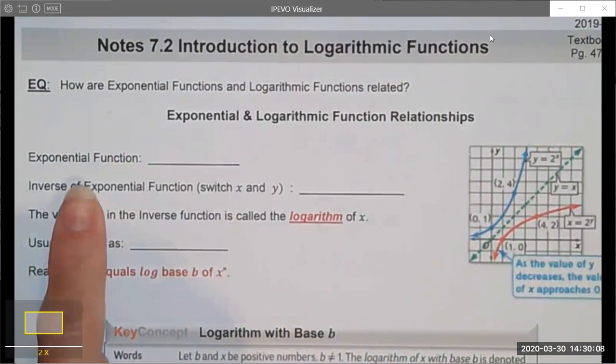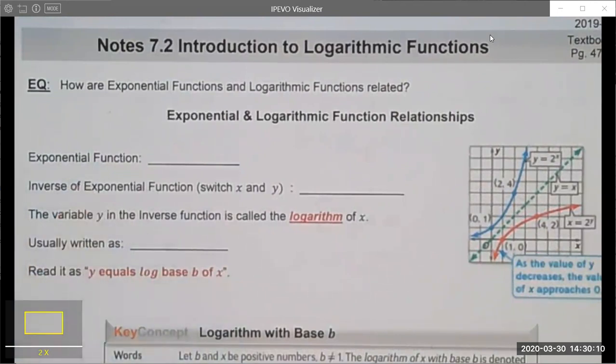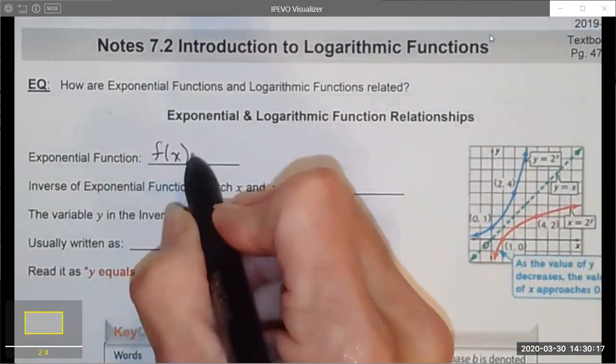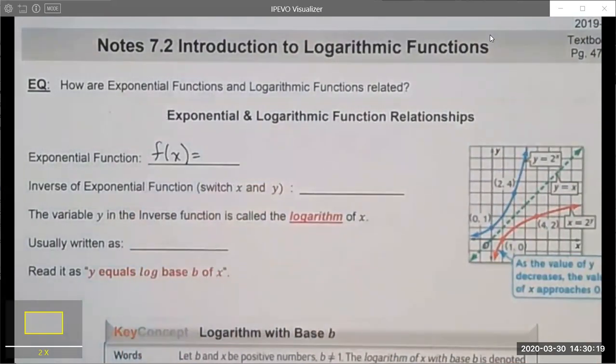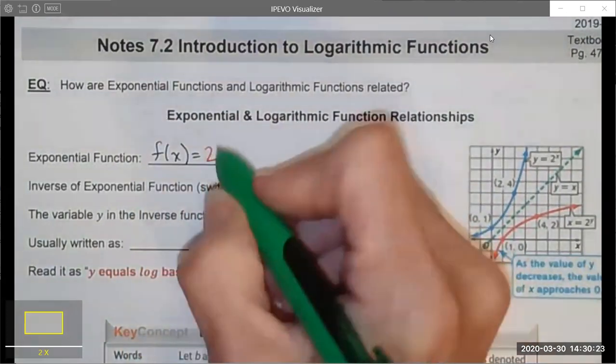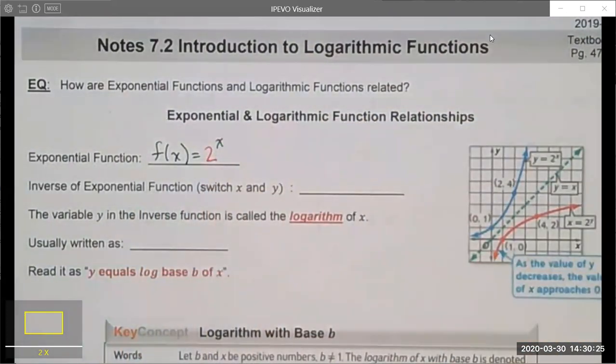In our warm-up, we talked about exponential functions, and we came up with one to describe what would happen when we double our money. It looked something like this. We had $1, and we doubled it a certain number of times to get a specific amount of money.